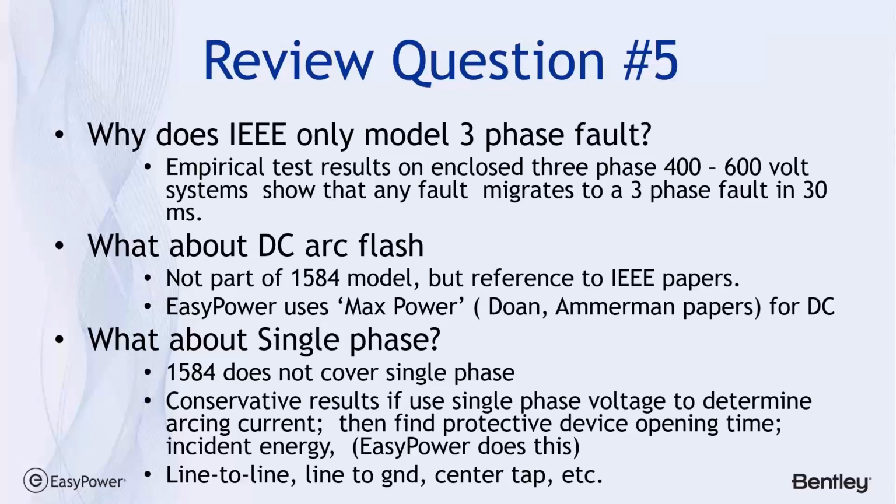In fact, you have the ability to extend it even beyond the 1,000-volt scope of the max power modeling situation. Now, when it comes to single phase, the 1584 2018 version, although it does not include a single phase model, does stipulate that conservative results will be found if you use single phase arcing current and then the three-phase modeling procedure to calculate incident energy.